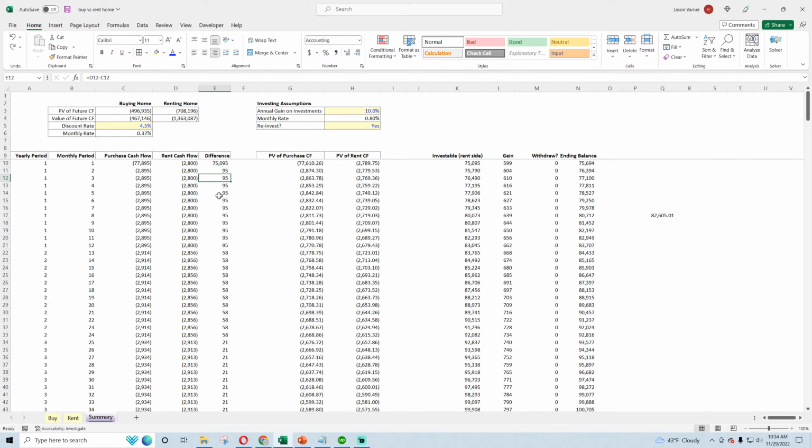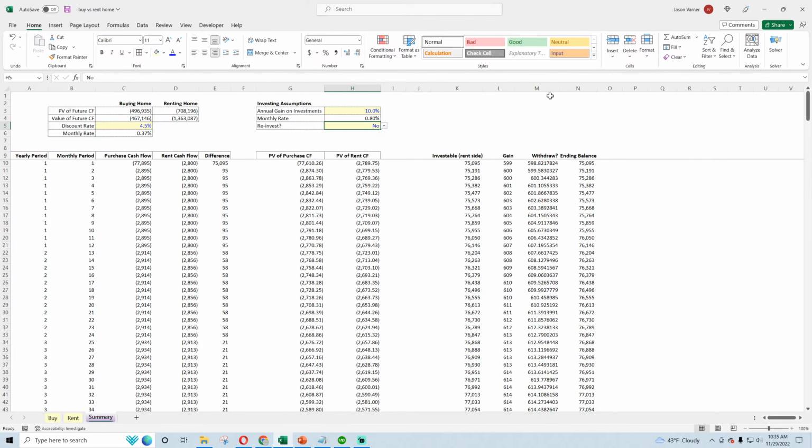It'll work. And when we're adding money to it, that's fine. It's just saying that you're increasing your beginning balance that can be invested each month. And that's why the gains are going up over time. All right, so now let me see if we put no here.